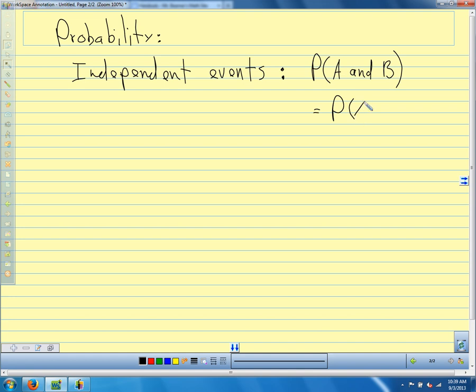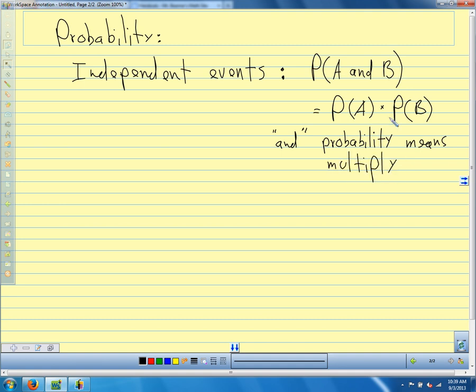So the probability of A times the probability of B. The way I remember it is we have an AND probability, the probability of A and B, means multiply.